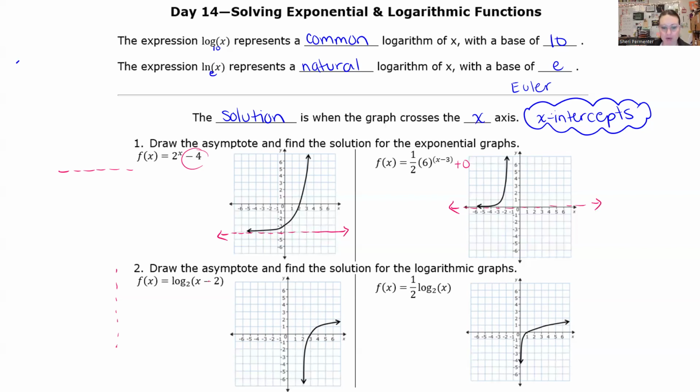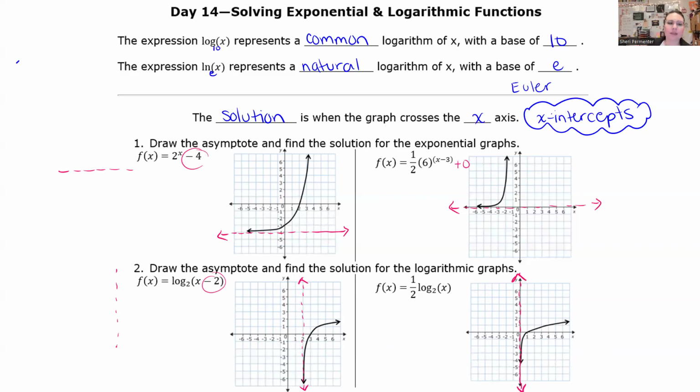So when you see -2, that's why it goes to +2. And this one is like +0 in there because there's no plus or minus, so it's at 0. So drawing on the asymptote, you can look at the equations, or really you can just look at the graphs.